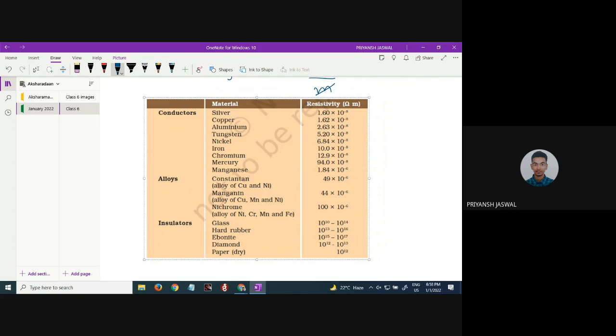If this resistivity is low, with a value lying between 10 to the power minus 8 and 10 to the power minus 6 ohm meter, then this material is a good conductor of electricity.